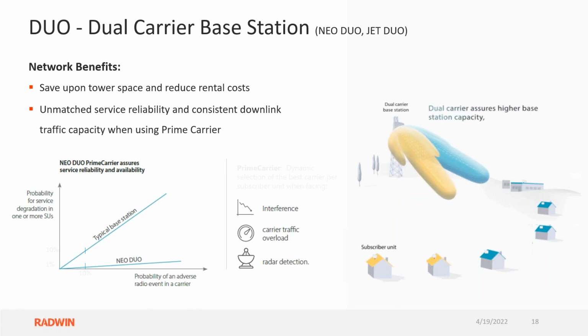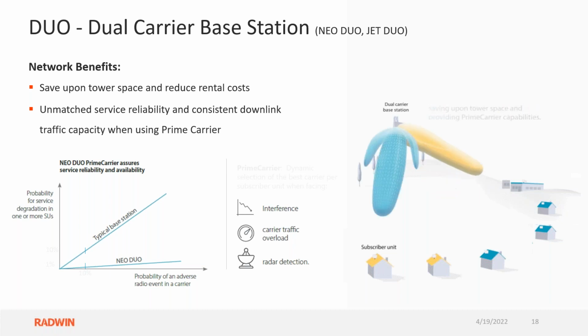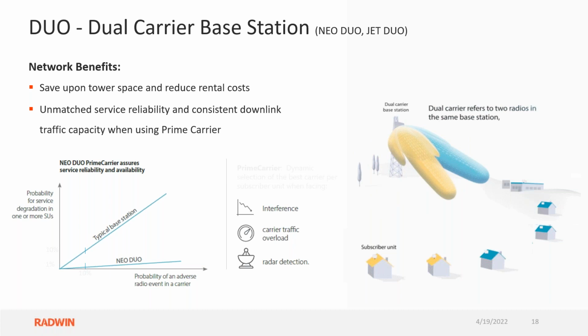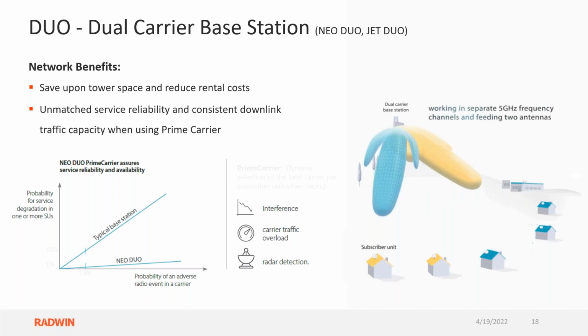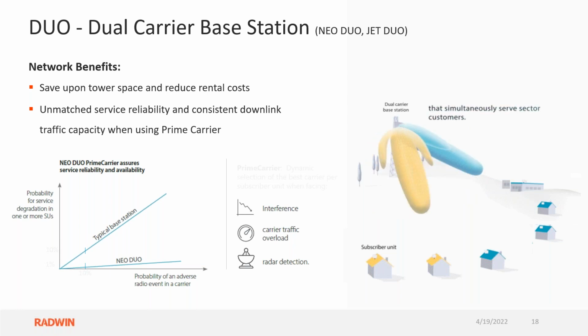If you look at the prime carrier capability, a typical base station, as you see radio events happening, the NEO, for example, is not going to be as impacted as a typical base station. So that could be NEO, that could be the Jet, because of the beamforming.